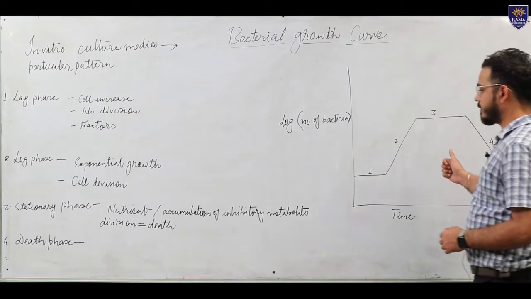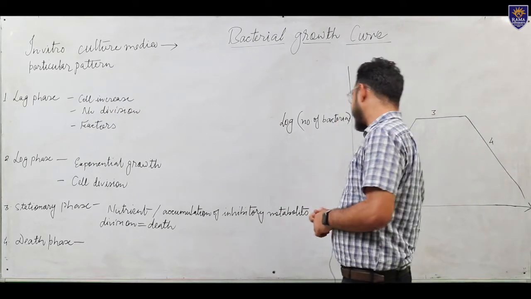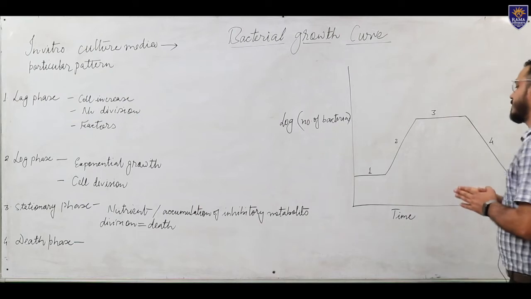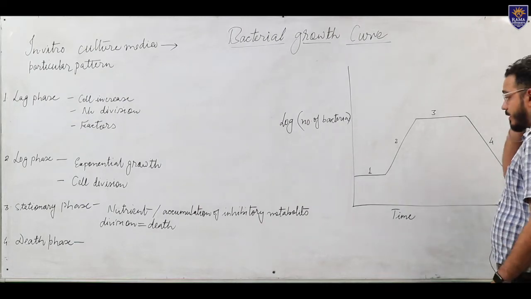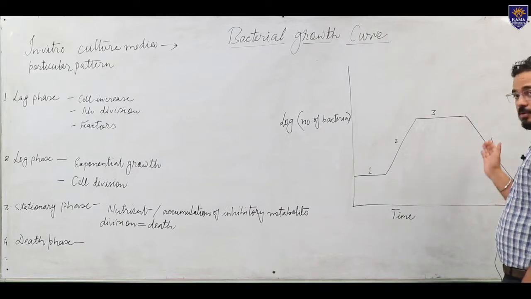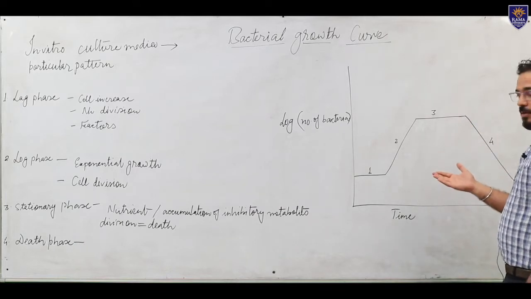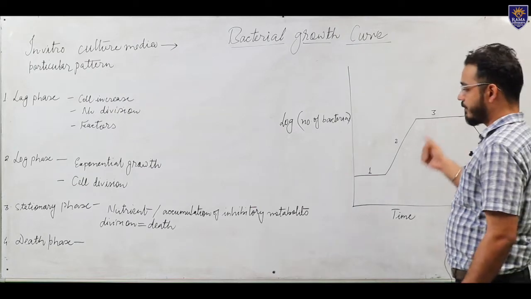After high population density, bacteria produce various metabolites in the environment. These metabolites inhibit the growth and reproduction, the binary fission or cell division, of the bacteria.